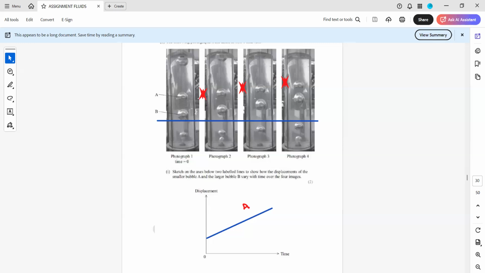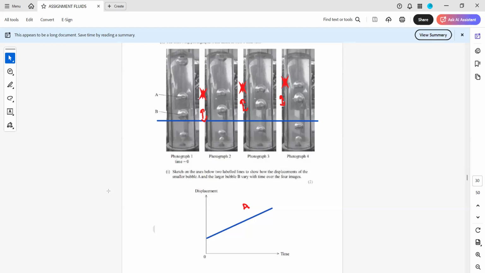What about B? When you see the distance covered by B, it also looks the same. So B is also moving at a constant velocity, because it looks like the same distance is covered in 0.3 seconds. But it is catching up with A. So if it is catching up with A, B has a higher velocity than A. To represent a higher velocity in a displacement time graph, we need a steeper gradient.